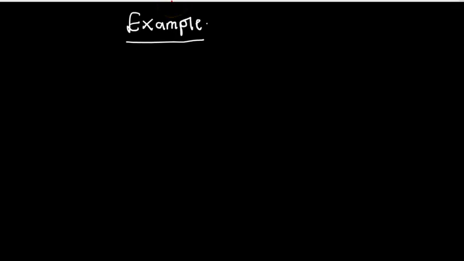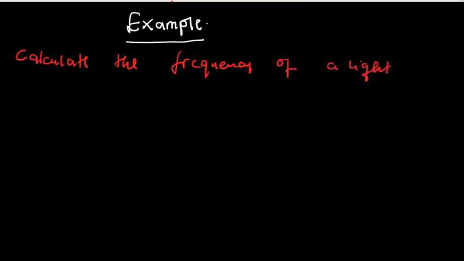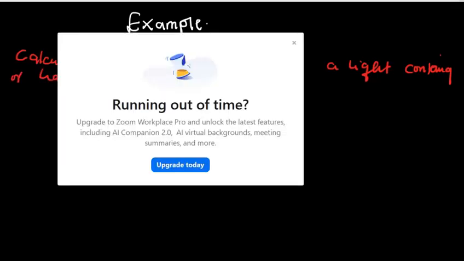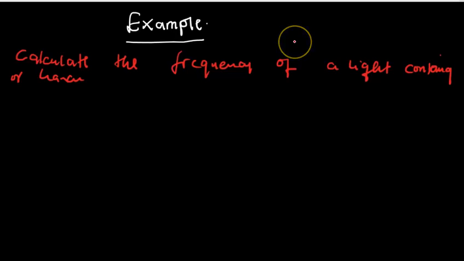So we are saying calculate, from the tutorial sheet, the frequency of a light having 1.2 centimeter wavelength.